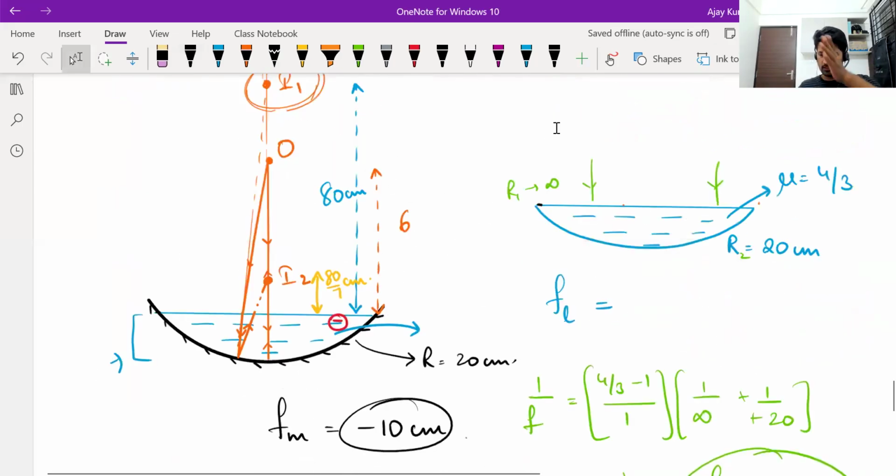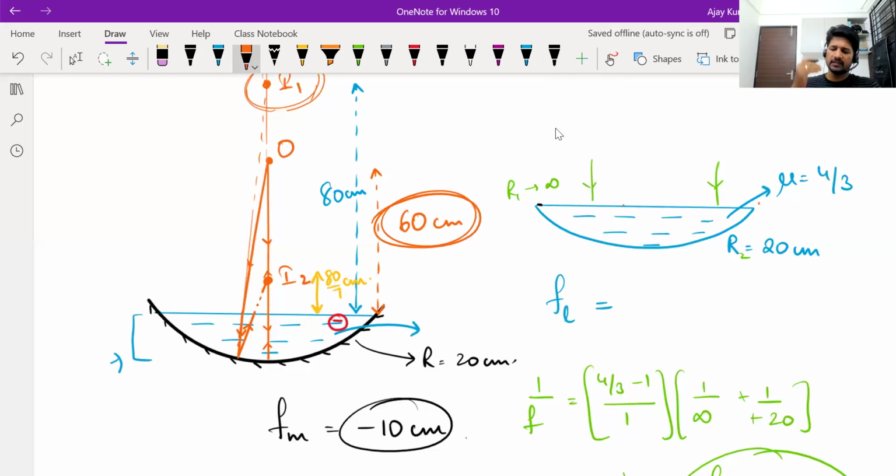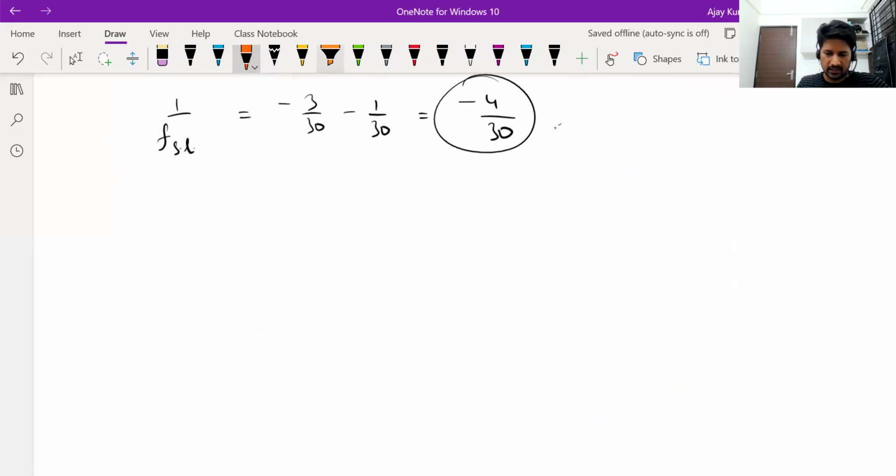For the water mirror combination, where was the object? Object was at 60 centimeters. So we'll take that as the object distance and try to find the final image distance directly. As I said, we have to use the mirror formula. 1 by V plus 1 by U, with U as minus 60, is equal to 1 by F. 1 by F is minus 4 by 30.